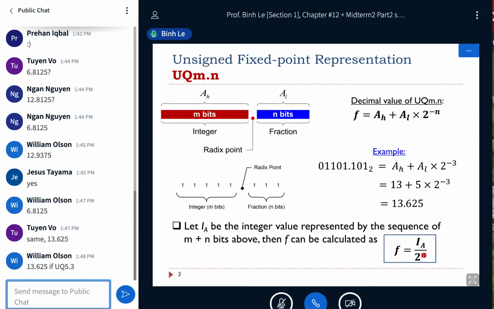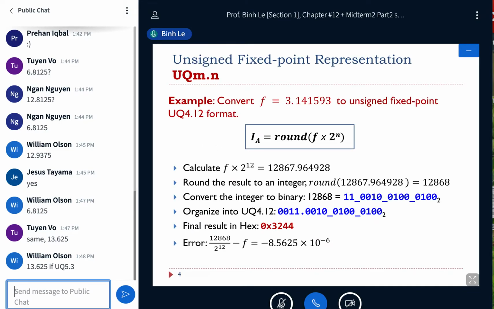So 2 raised to the power of 12 is about, let me see, 4,096, I believe, right? I don't think I made a mistake there. And then you just try to find the integer value over here, right? So the integer value IA equals f multiplied by 2 to the 12. Do you agree with me?